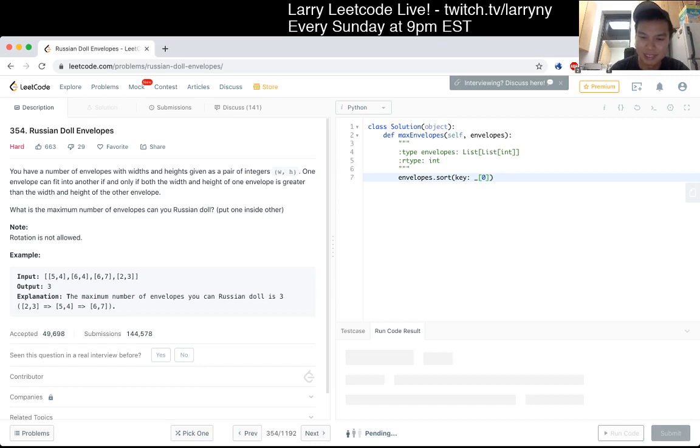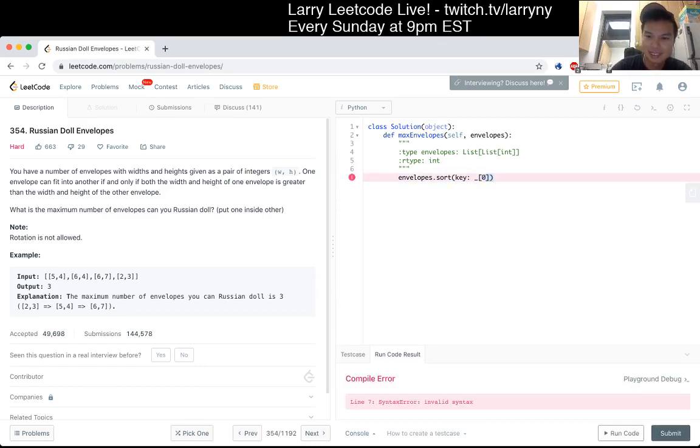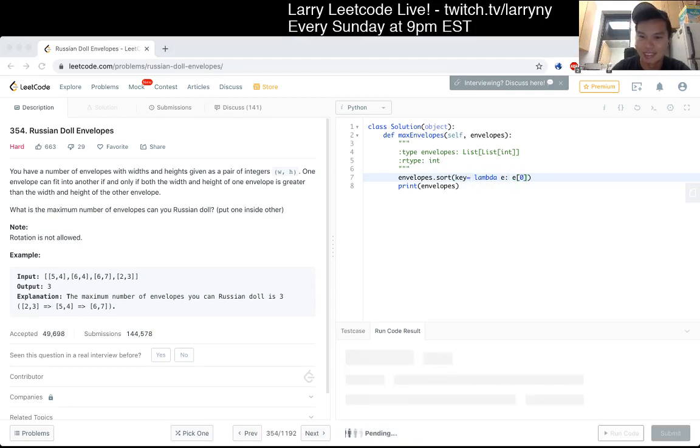Without the lambda. That's what happens when you switch back and forth between languages. I also think I just confused some stuff.